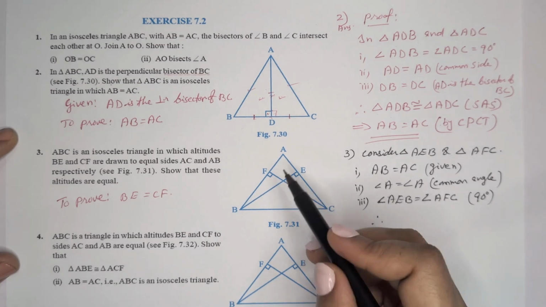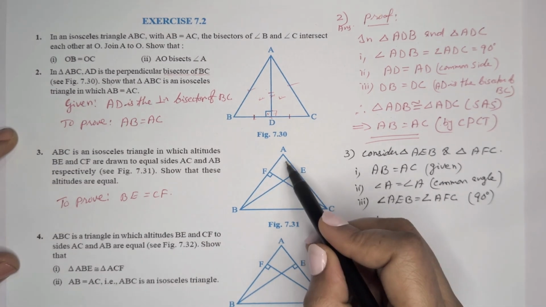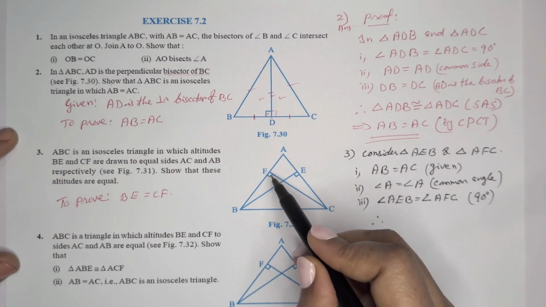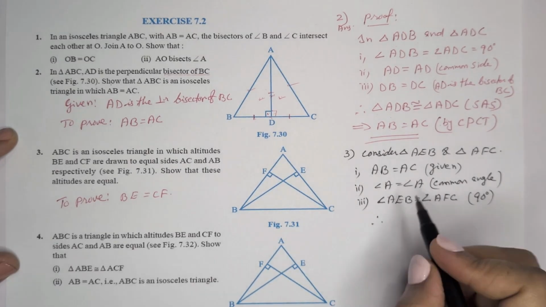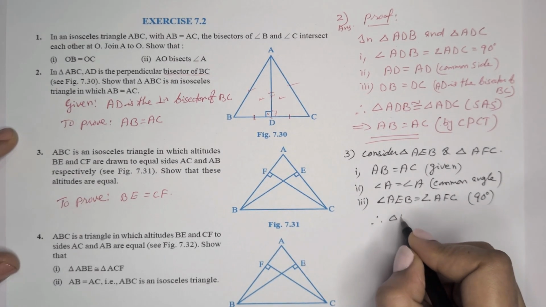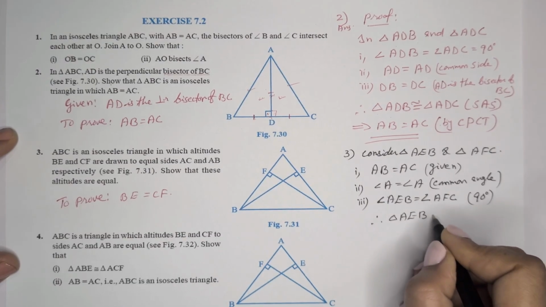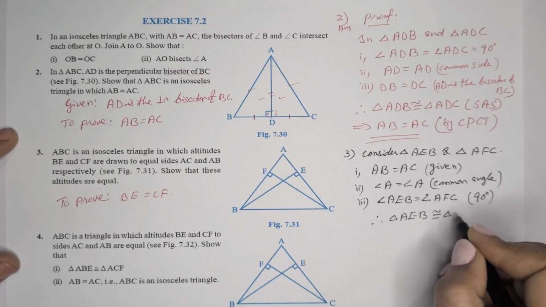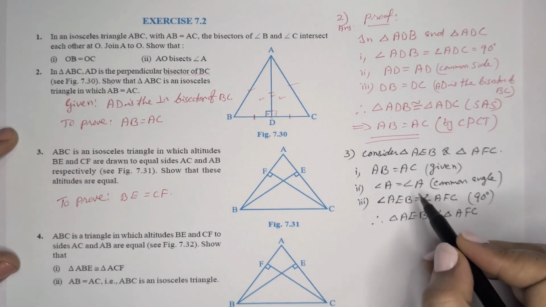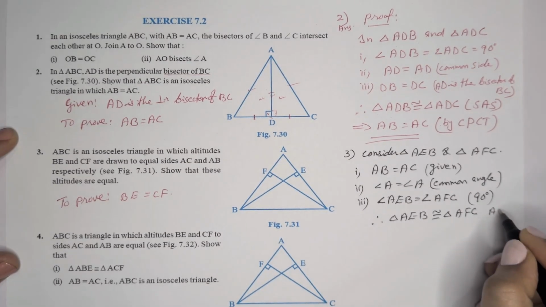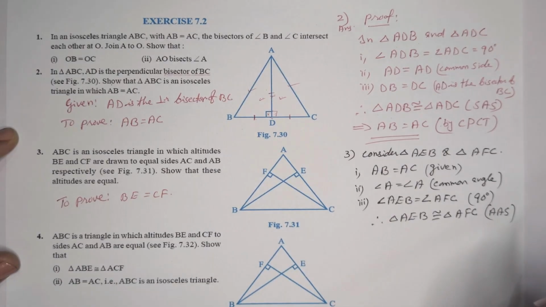So three conditions. AB is equal to AC, angle A is common for both the triangles, angle AEB is equal to angle AFC, 90 degrees. Therefore, we can write triangle AEB is congruent to triangle AFC by two angles and one side, AAS criteria.